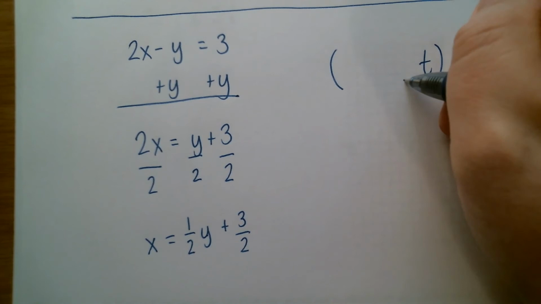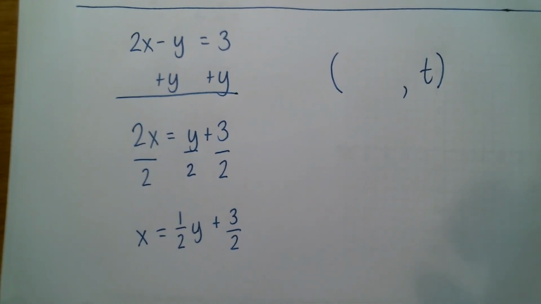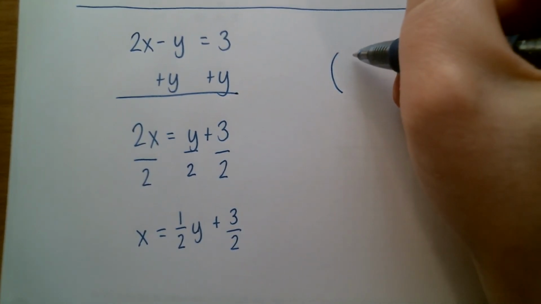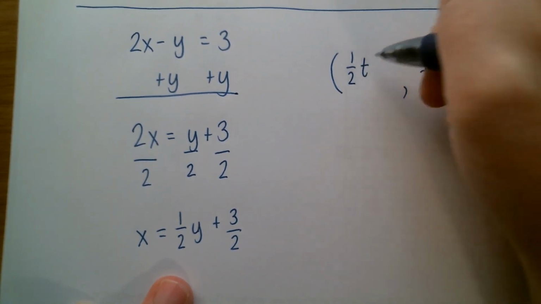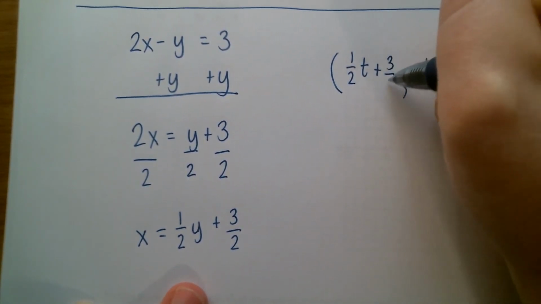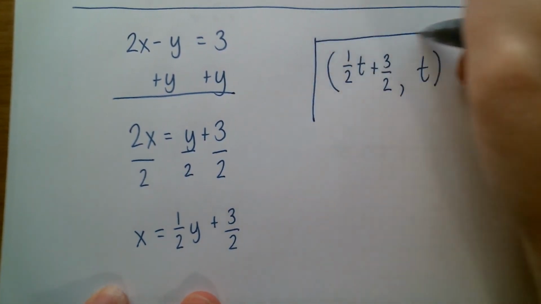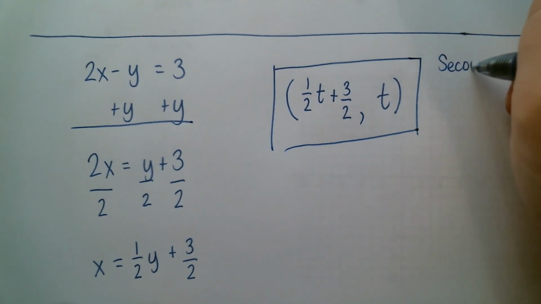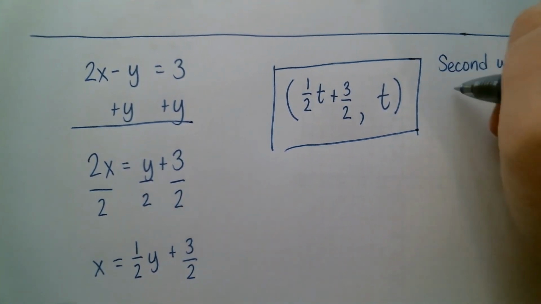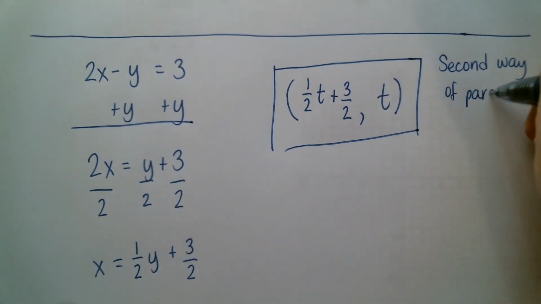And then once you pick the t value, your x coordinate would be 1/2 times y, but remember y is t now, plus 3/2. So this is a second way of parameterizing the solutions.